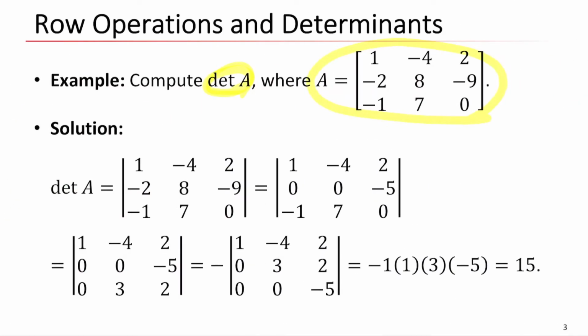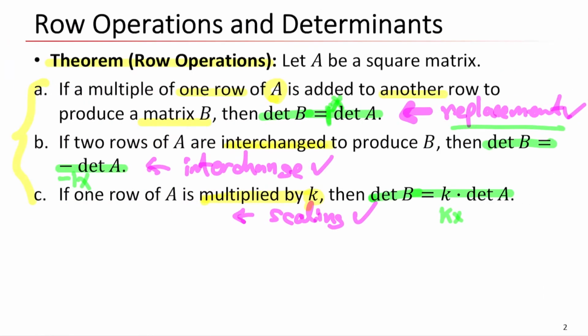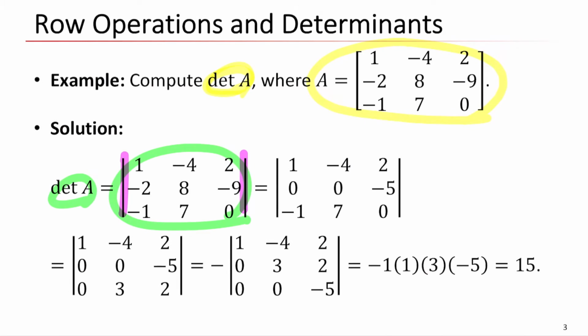First of all, the determinant of matrix A can be represented something like this, right? By using this notation. We already know the replacement operation cannot change the determinant of the output matrix.